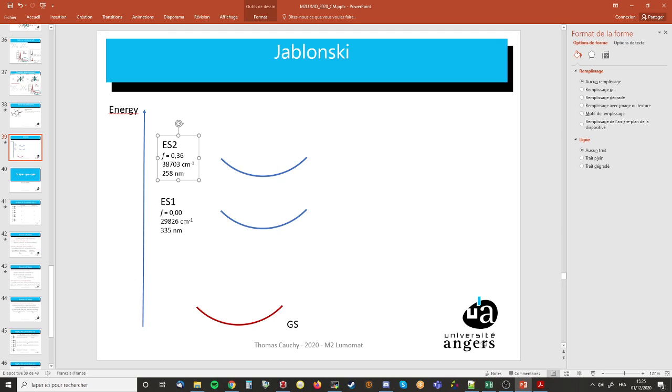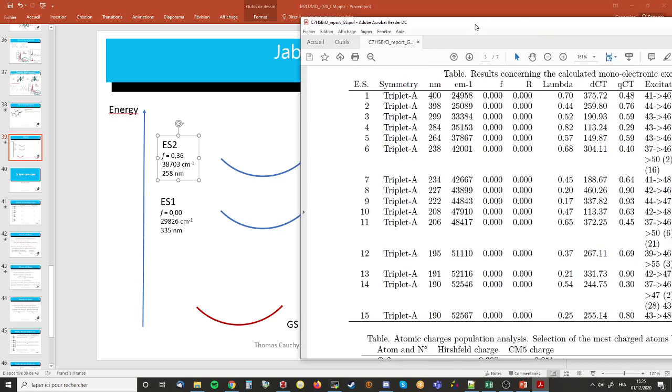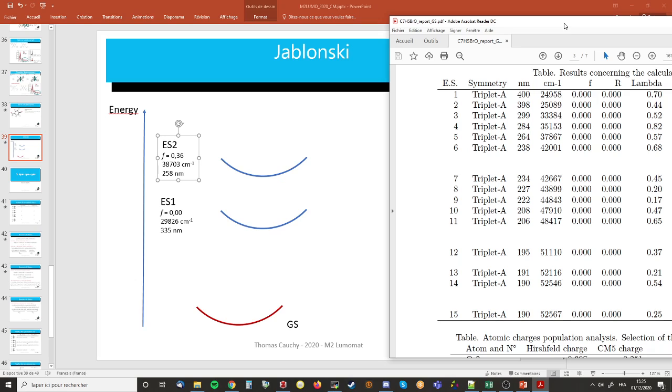And we have the triplet states. If you have computed those absorptions, here, for example, you have the table for the triplets, and you can see that the first triplet is at 25,000 wave number. That means it's 5,000 less than the ES1.